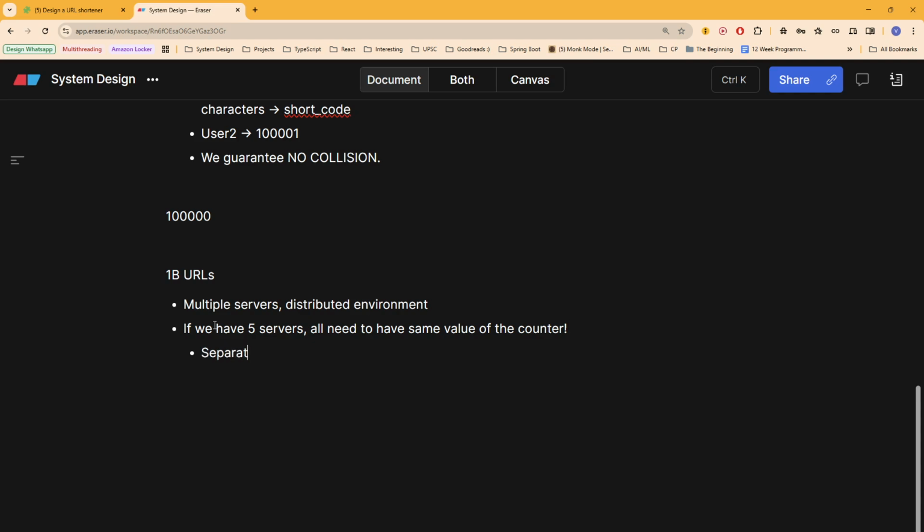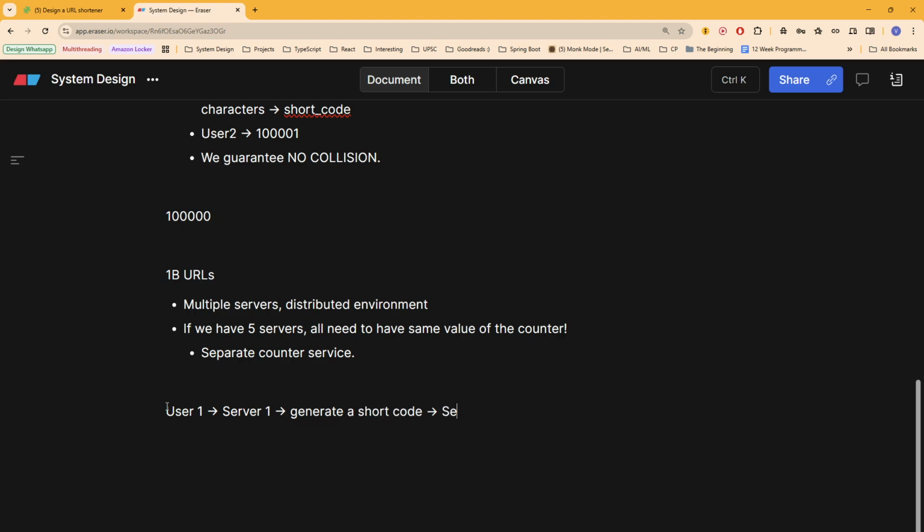We can have a separate counter service, which means the counter can be a separate server, which is good. We will have a separate server where we maintain this counter. But let's say user 1 comes to server 1 and wants to generate a shortcode.